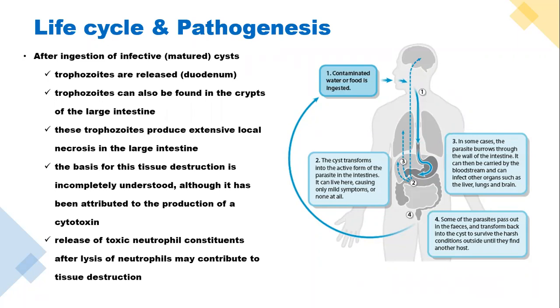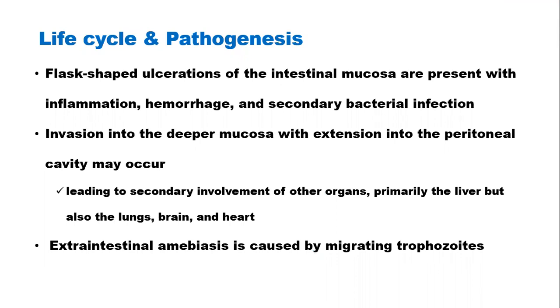The release of toxic neutrophil content as well is believed to contribute to tissue destruction. The characteristic histological lesions associated with intestinal amoebiasis are referred to as flask-shaped ulcers. And when biopsies are taken, you can actually demonstrate these lesions.